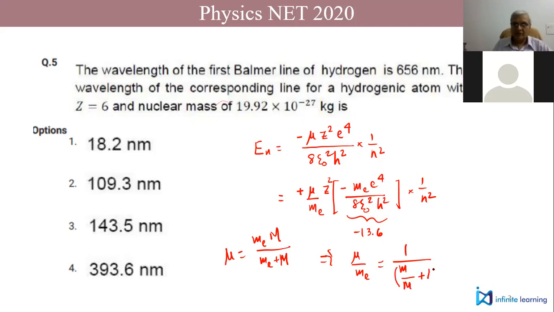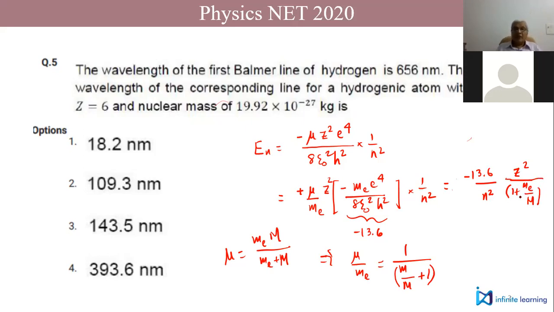Got it? All right. And then there is a Z square factor. So I can write this energy expression as minus 13.6 over n square, Z square upon 1 plus m_e over M. Of course, if the nucleus is too heavy, this factor would not be a significant one.